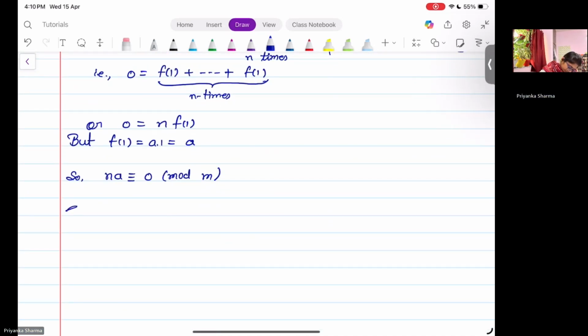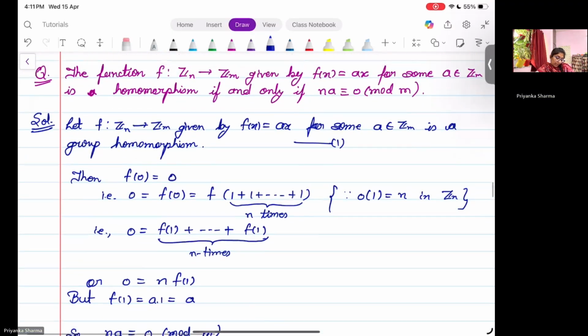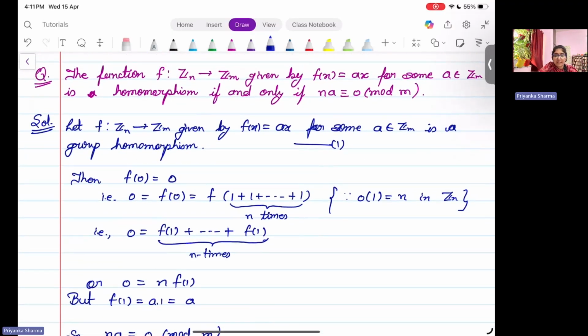Conversely, let na be congruent to 0 mod m. And we want to prove that this f of x defined by ax is a homomorphism.